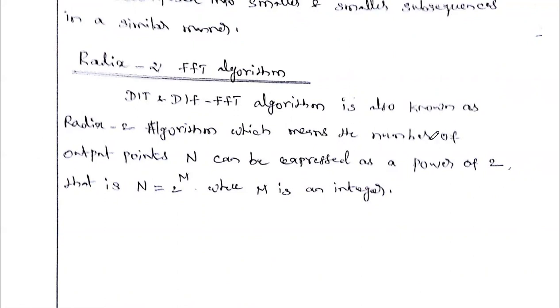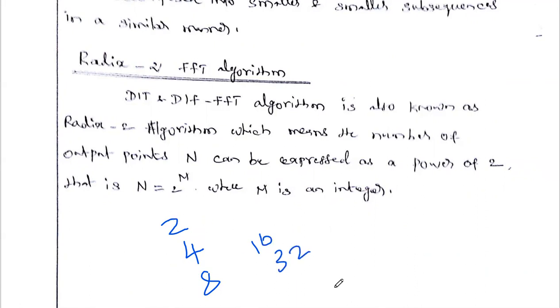which means the number of output points, capital N, can be expressed as a power of 2. What is the meaning? Using this FFT, we can perform 2-point FFT, then 4-point FFT, 8-point FFT, 16-point FFT, then 32, and so on.